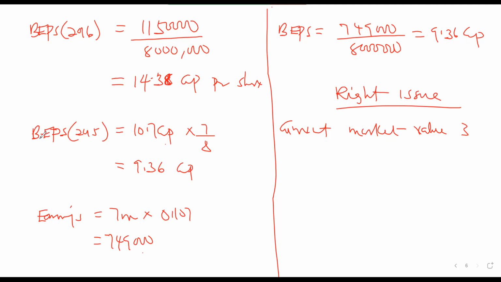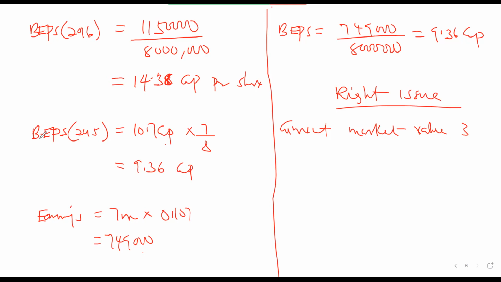Since the price is lower than the current market value, it is assumed that a portion of the shares is issued for free. If it is for free, that particular portion will be representing what? The bonus issue. So for a right issue, there's a portion at full market value, and also a portion that is a bonus issue.